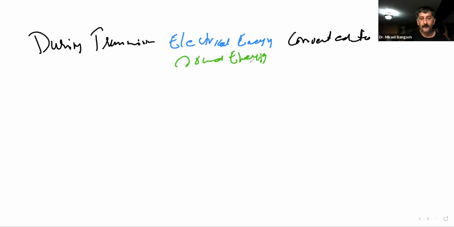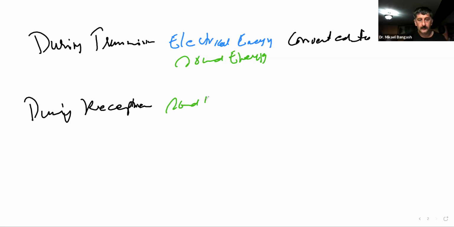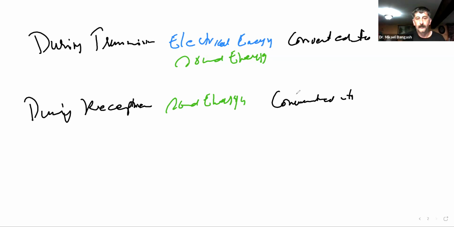Whereas during reception, that sound energy is converted into electrical energy.